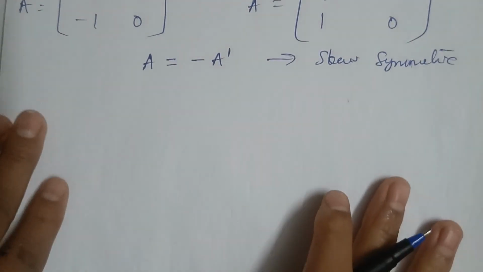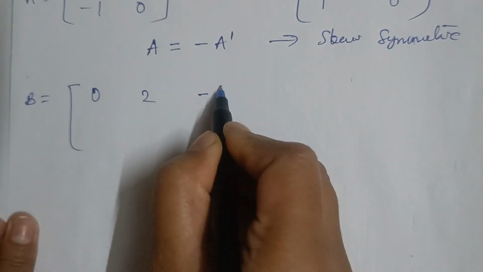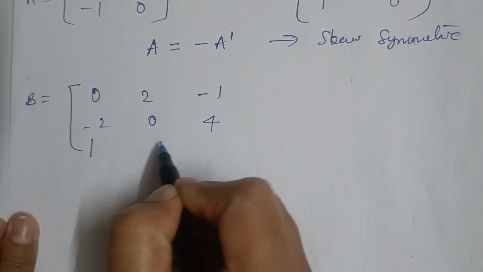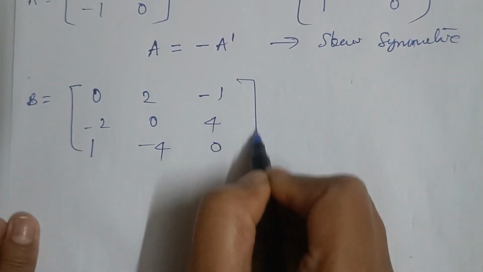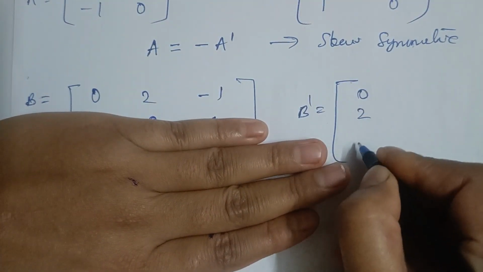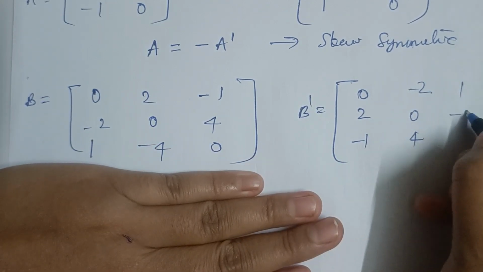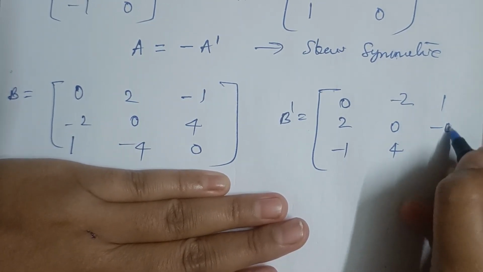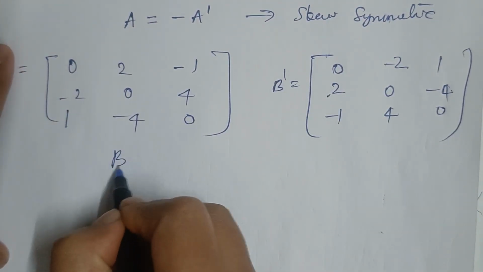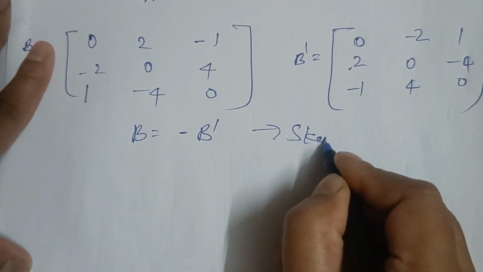Right? And let me consider one more example. 0, 2, -1, -2, 0, 4 and 1, -4, 0. If I take the transpose of this, it is going to be 0, -2, 1, 2, 0, -4 and -1, 4, 0. So you can see B is nothing but the negative of B transpose. So I can call this skew-symmetric.